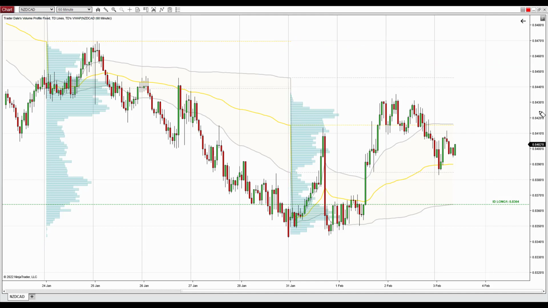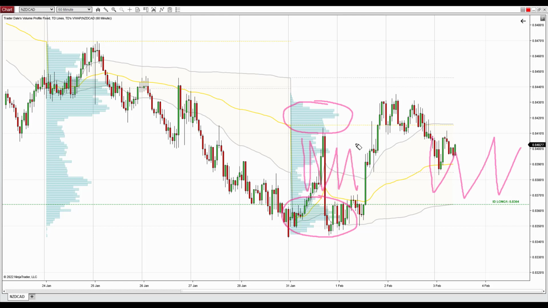Now, the current profile shows double distribution, which means heavy volume area in two places. When there is double distribution, what the price usually tends to do is rotate among those heavy volume areas to sort of fill this area with volumes, and what often happens is that in the end, it sort of shapes into a D-shaped profile.